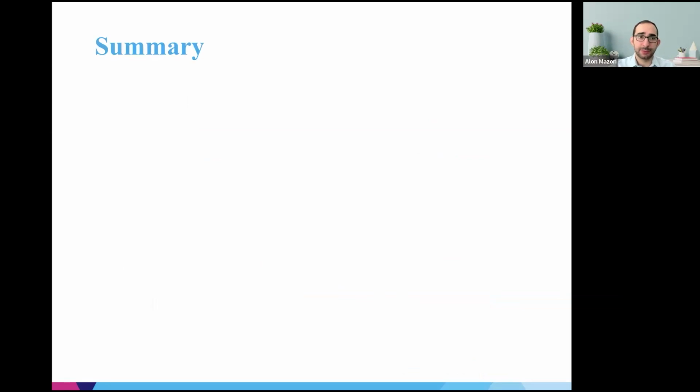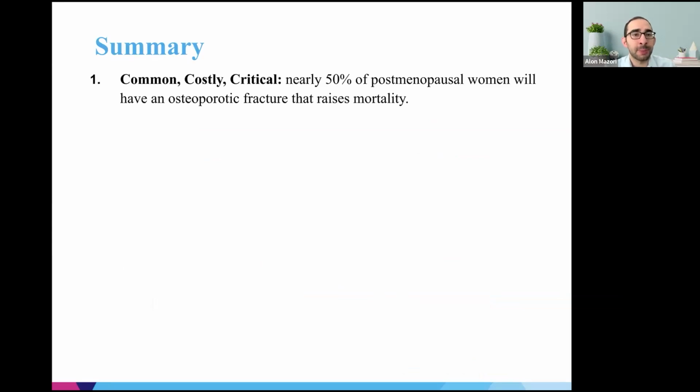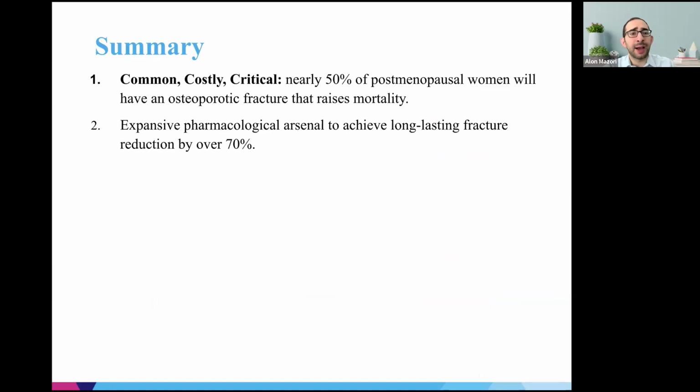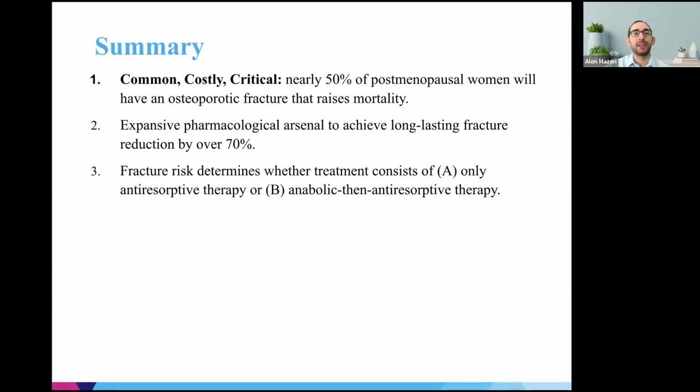And so to summarize, osteoporosis is a common, costly, and critical problem. Nearly 50% of postmenopausal women will have an osteoporotic fracture that increases mortality. We have an expansive pharmacological arsenal that can achieve long-lasting fracture reduction by over 70%.